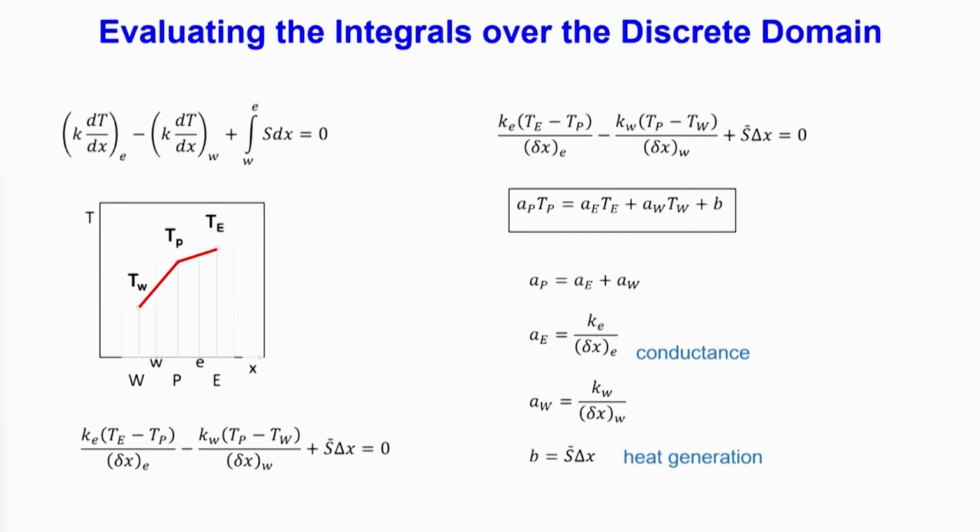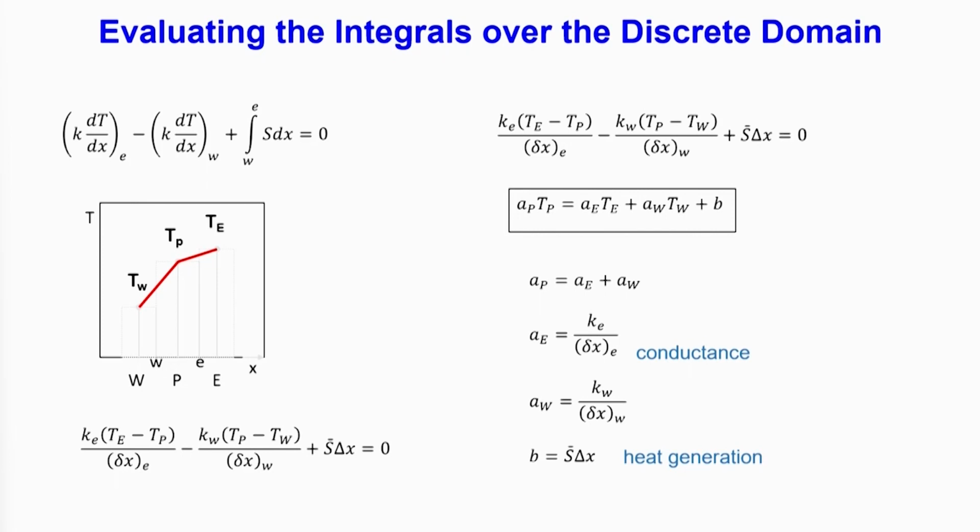Now if you substitute that, you will get a very simple linear algebraic equation, which is AP TP is equal to AE TE plus AW TW plus B, where AP, AE and AW are some coefficients which are these, and physically AE and AW are like conductances. That is the physical meaning. If you do not know the physical meaning also, okay, because it is just coming out of your calculation.